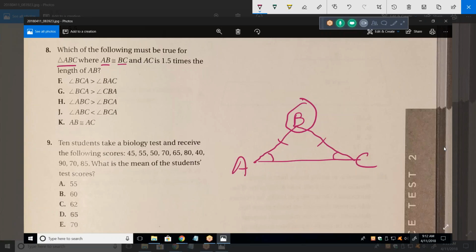They insist upon calling them by their three-letter designations. That's fine. Is BCA, you can just look at the middle letter, actually. Is C greater than A? No. Is C greater than B? No. Is B greater than C? Yes. We're done. On to the next problem.